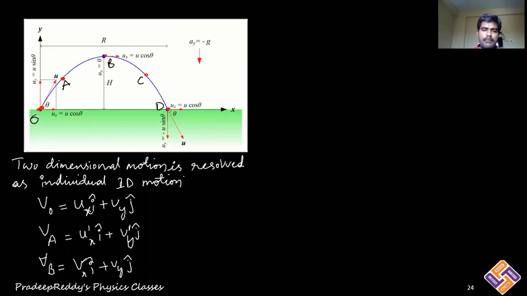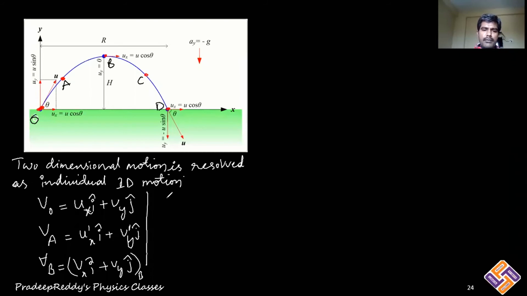This is at B. So simply, we will consider this two-dimensional motion as two individual one-dimensional motions, and we can find out the velocities, acceleration and displacement of the body.